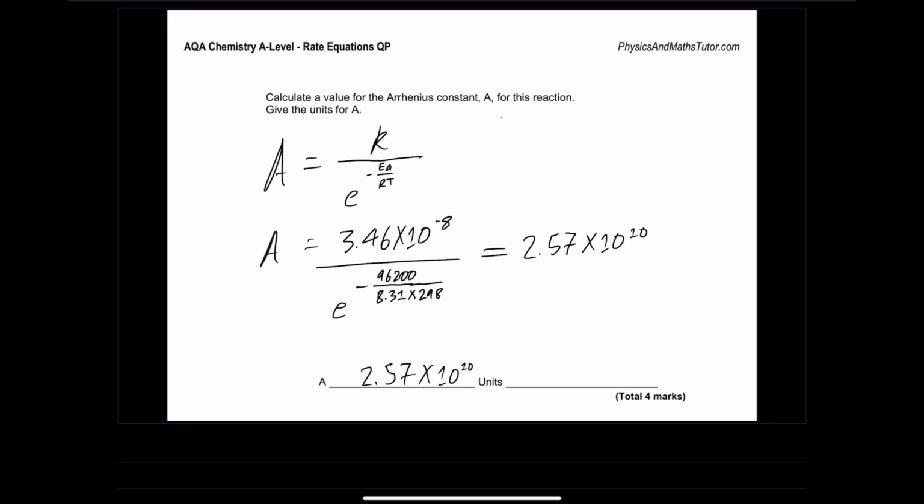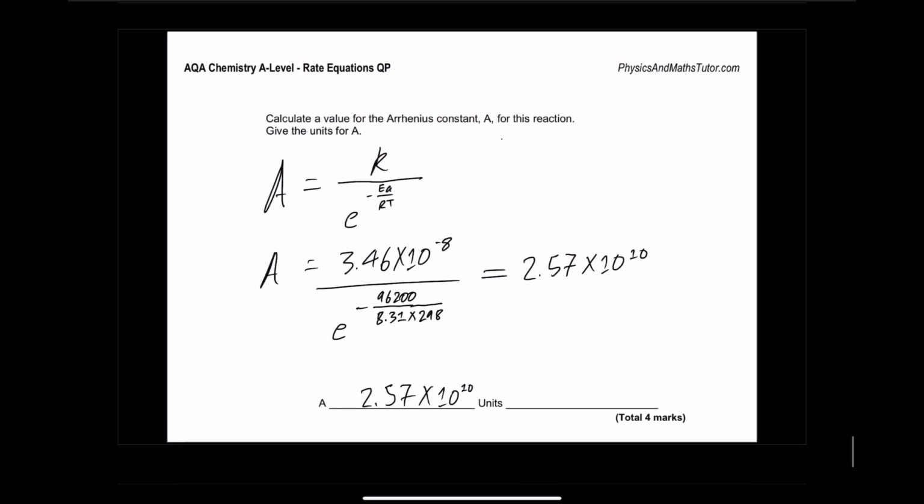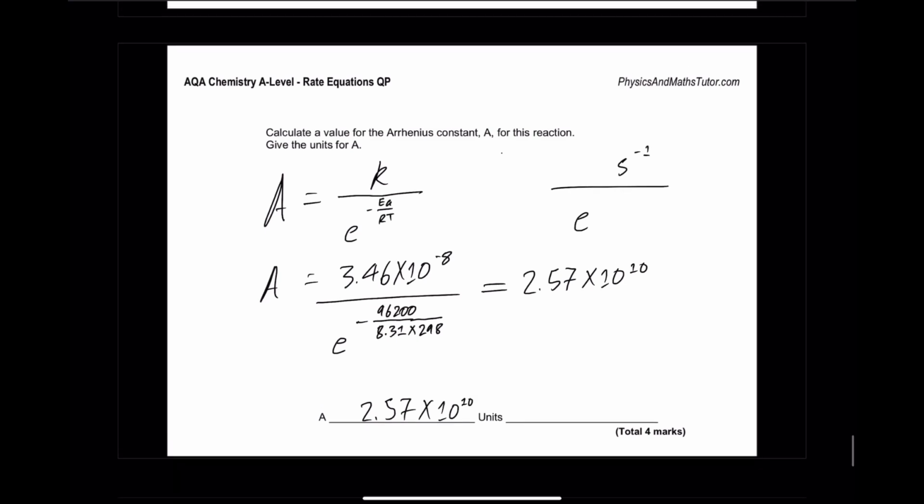How much time have I got left? Okay, so K is in seconds over e to the power of joules over joules per Kelvin per mole times by the Kelvin.